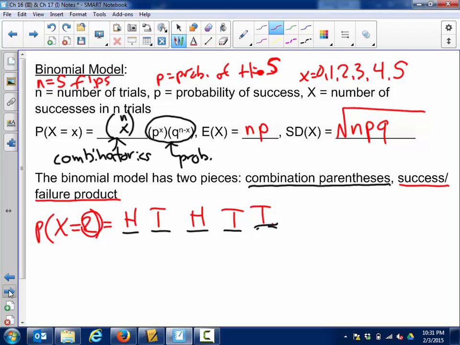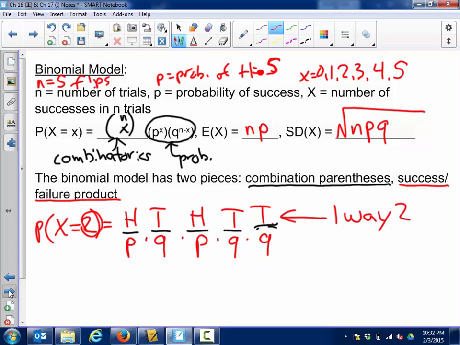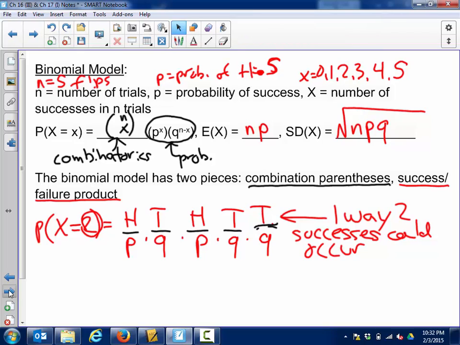So what you can see here, the common theme is that to make sure you're having 2 successes specifically out of 5 flips of a coin, somewhere along the lines you've got a probability of success times a failure times another success times a failure times another failure. So this would be one way 2 successes could occur. But as you just saw, it's certainly not the only way.